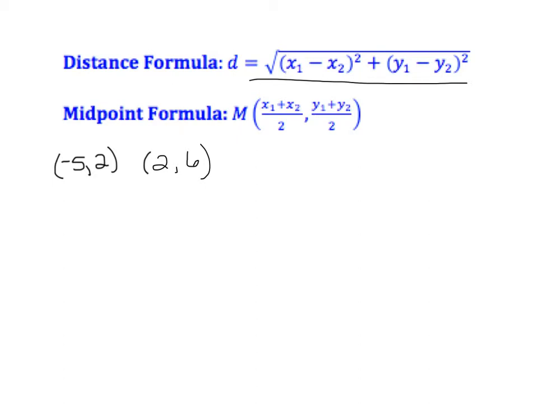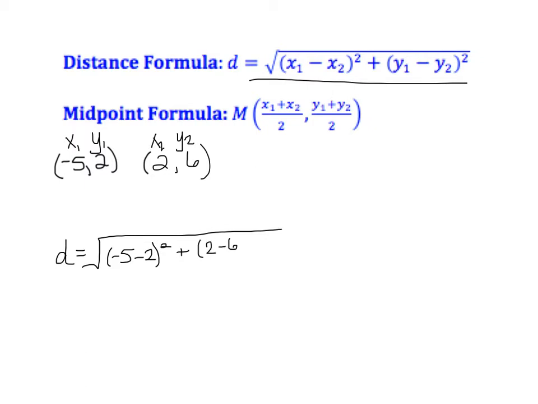Just understand that whatever you decide x1 is, the y coordinate is y1. And it doesn't matter which you choose as 1 or 2, just so long as you're consistent. So for this particular problem, we could say that the distance is equal to the square root of (-5 minus 2) squared plus (2 minus 6) squared.